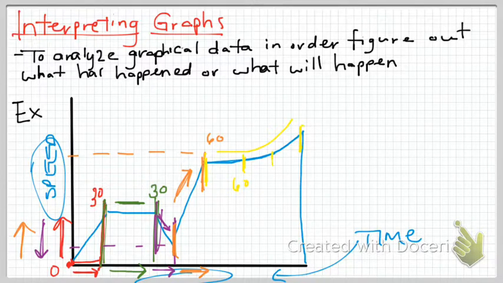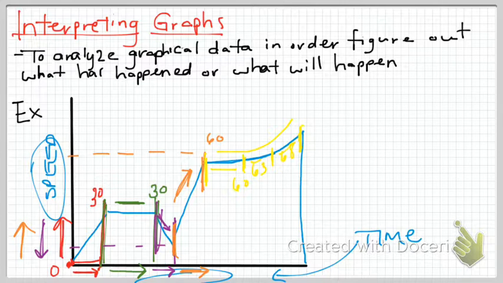Maybe I increased to 63. Then I increased a little faster from here to here, so maybe I increased to 68. So I stayed at constant speed for a second, increased a little bit, increased a little faster. There's a different variation of increasing there. I stayed constant, I increased at a slow rate, and then I increased at a quicker rate. Okay, so let's look at the last segment.